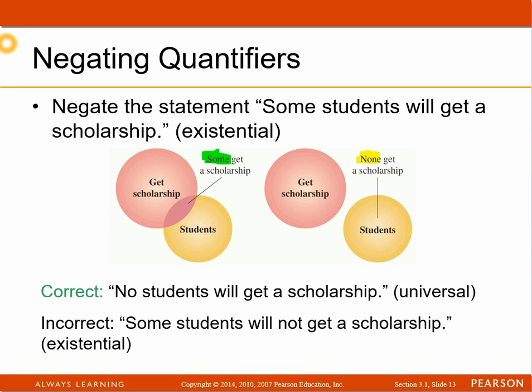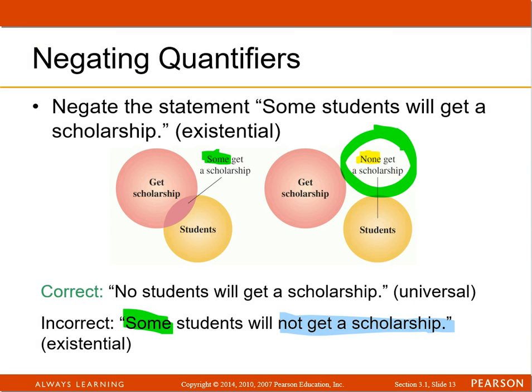It's like saying it's either all or nothing on the universal. So don't try to negate the statement when you say some students will not get a scholarship and you're putting the not on the scholarship part. This part is negating the quantifier. So you want to negate the some, switching from some to none.